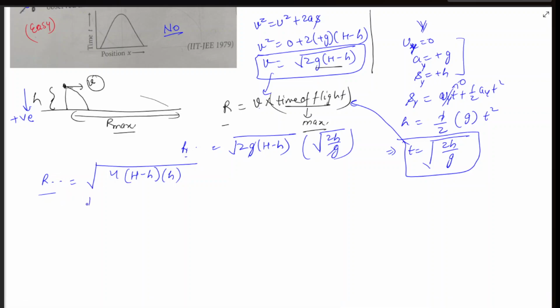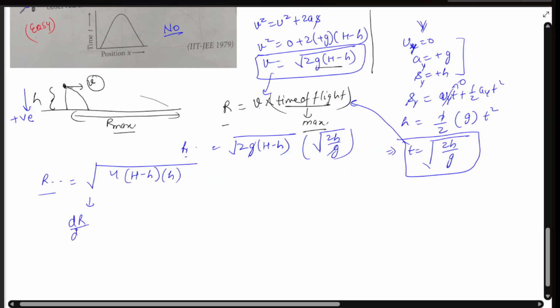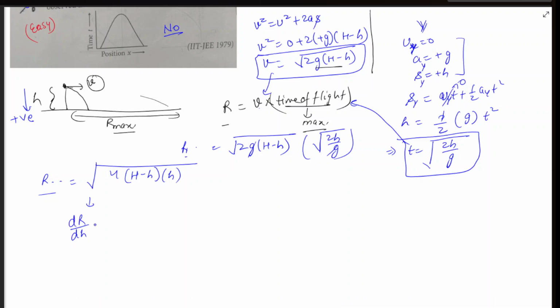To maximize it, we need to differentiate, okay, with small h. Small h is variable. Capital H is constant. Small h is variable. So what will we have? Half, and this whole will come out to be here itself. And differentiation of this, what will be that?